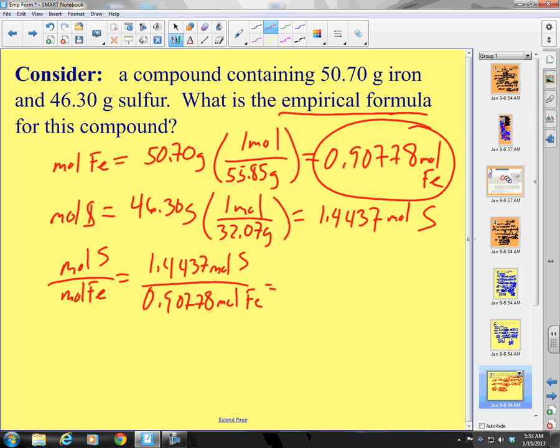And when I do that ratio, what do I get? I get 1.59. That's nice. 1.5903, we'll say, moles of sulfur per mole of iron.